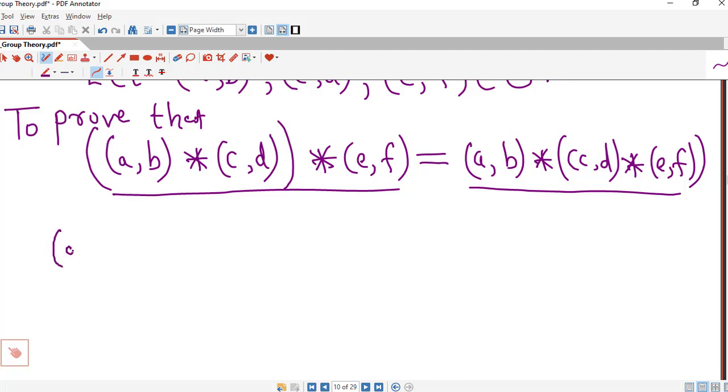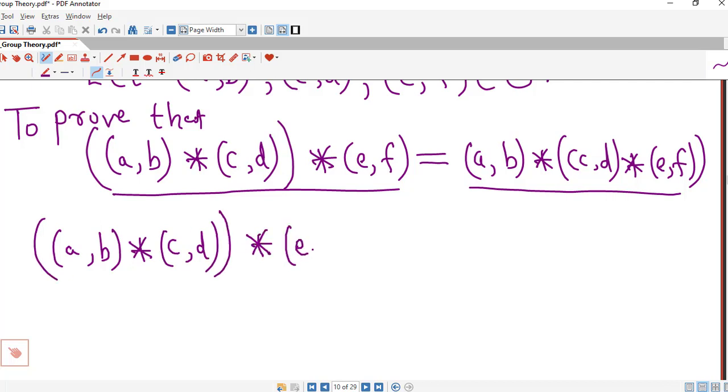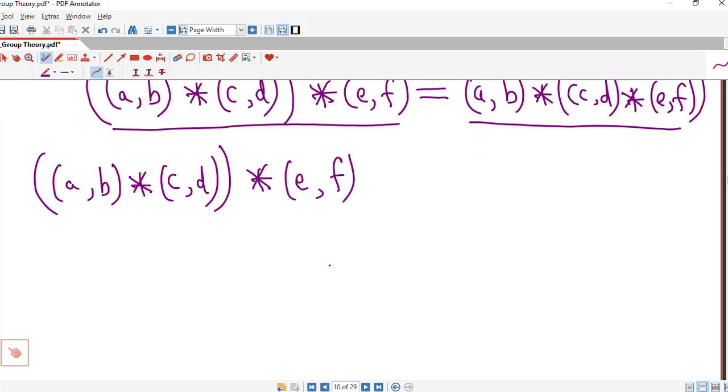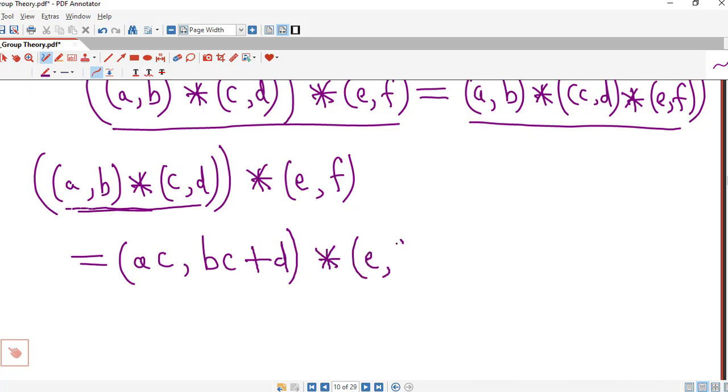So first we start from ((a, b) * (c, d)) * (e, f). First we apply the definition of the given operation to these two pairs. So by the definition of the binary operation, it is (ac, bc + d) * (e, f).